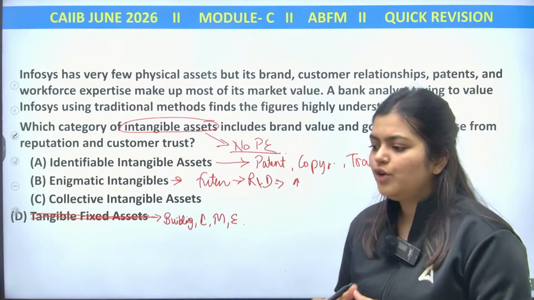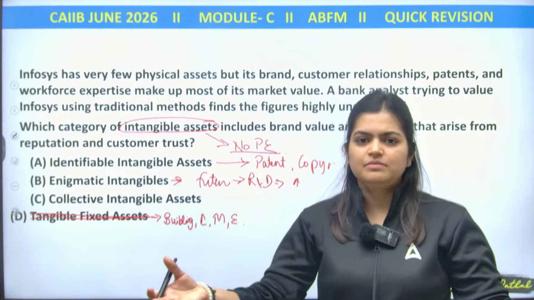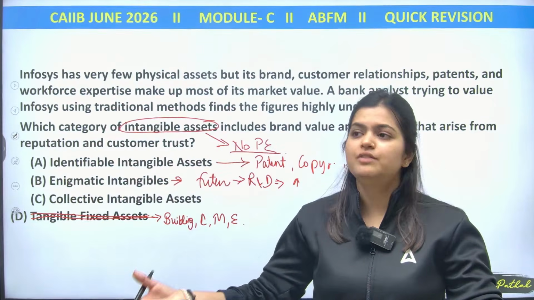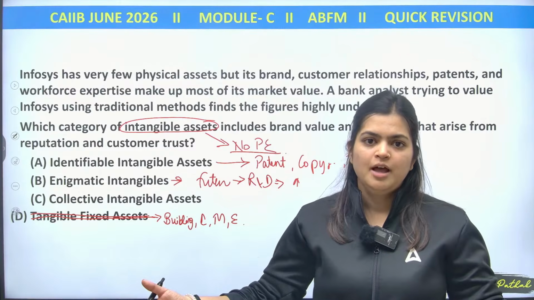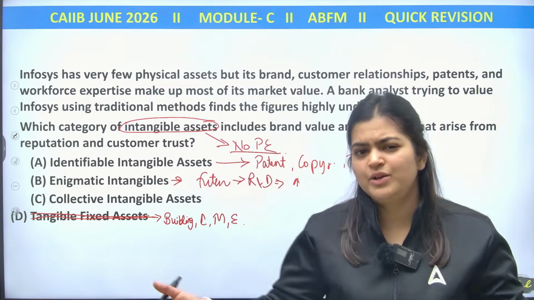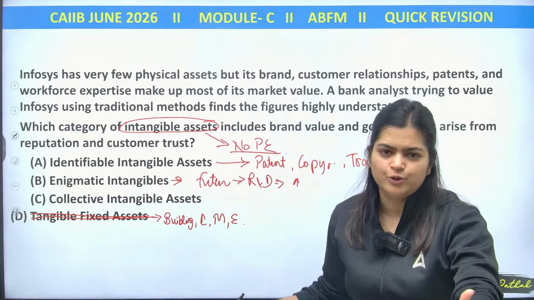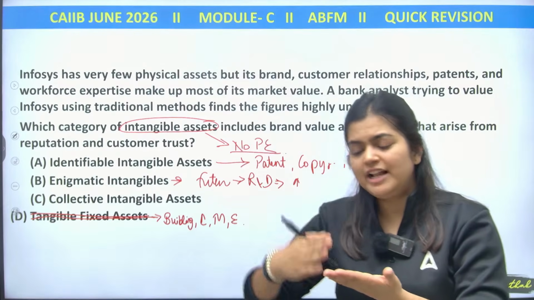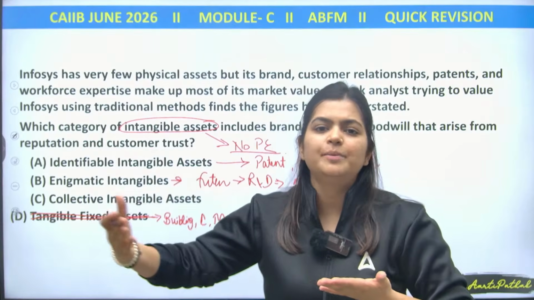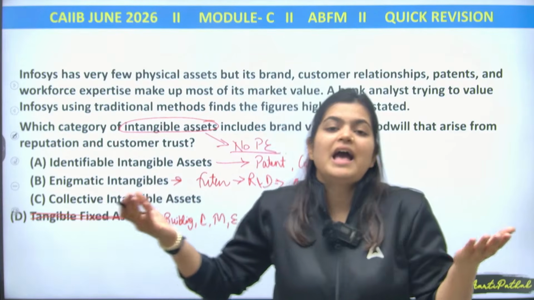Now, collective intangibles means you cannot tell individually. Like right now, we say Apple company has a very good goodwill. They have brand value. But what is the exact value? Can you tell that? No. We cannot identify their exact value. That goodwill, brand value, was generated over a period of time. And what is the actual value?